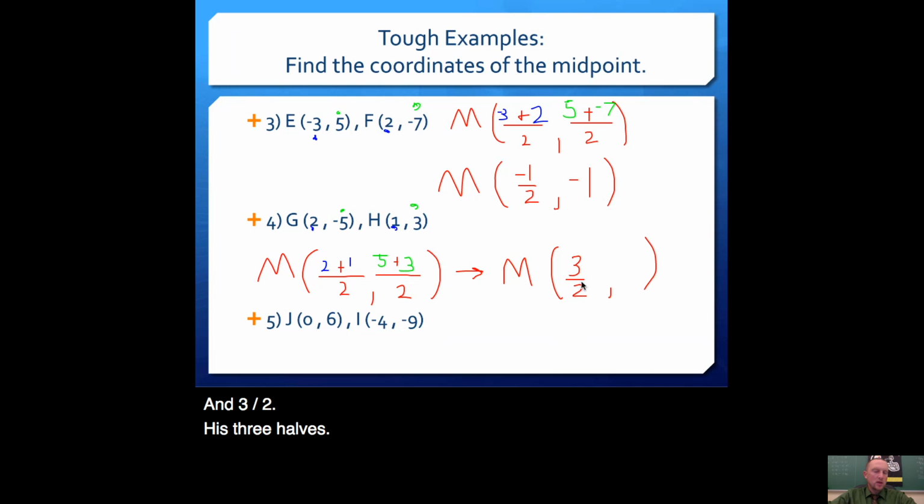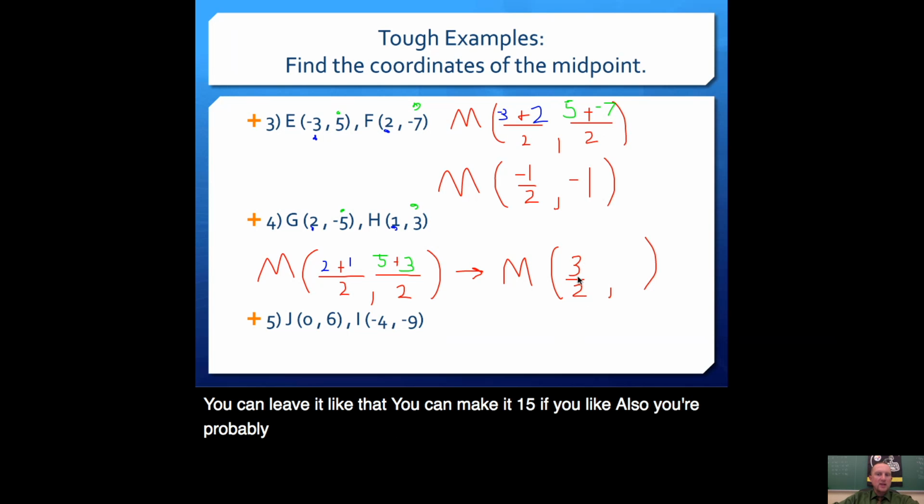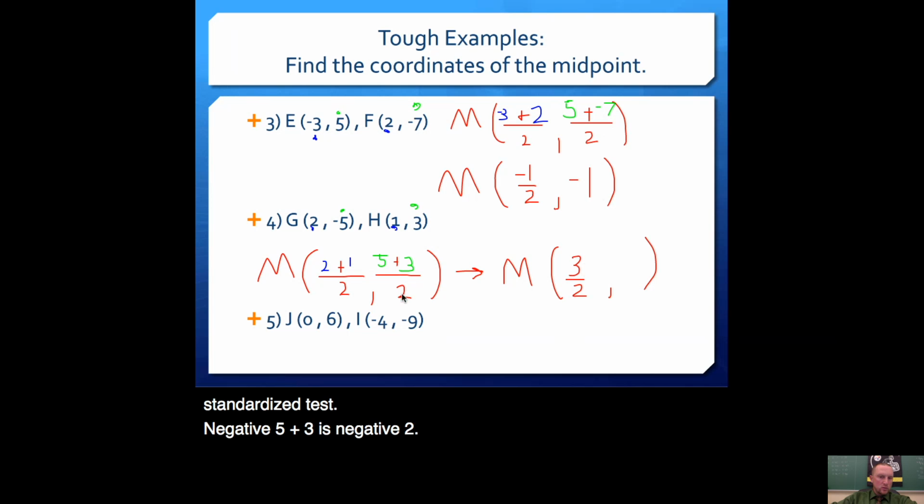You can leave it like that. You can make it 1.5 if you like also. You're probably going to see the improper fraction version like this on a standardized test. -5 plus 3 is -2, and -2 divided by 2 is -1. This is where the midpoint lives when these are your endpoints.